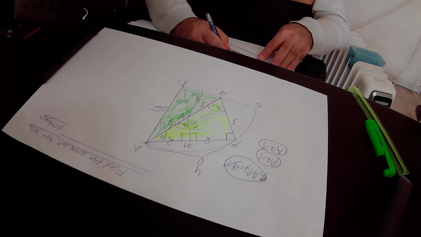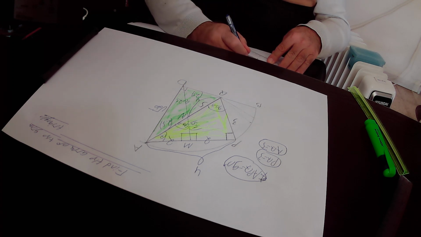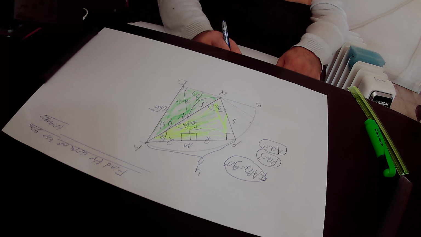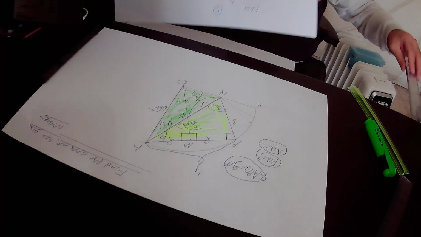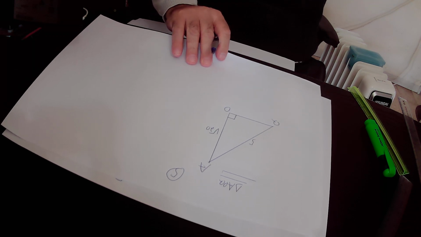AO equals the square root of 20 units. This gives us that AQ equals 5 units. So this is the right triangle AOQ that I call from the original drawing.